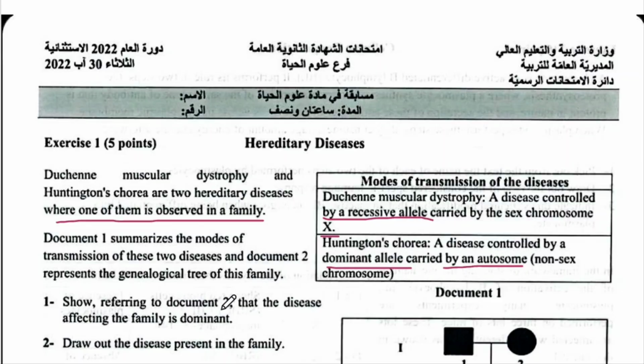Show, referring to Document 2, that the disease affecting this family is dominant. So it is Huntington chorea, a disease controlled by a dominant allele carried by an autosome.